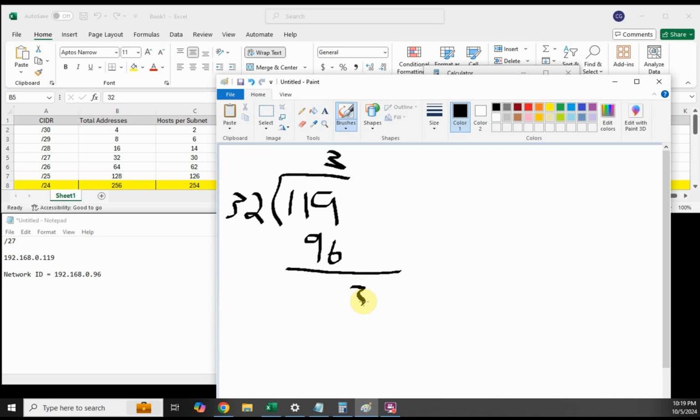That's going to be 3 here. It's 23. 32 can't go into 23, so this has to be our network ID. And this is the 23rd IP on the 96 network. Does that make sense?